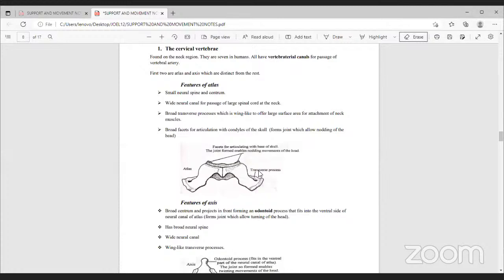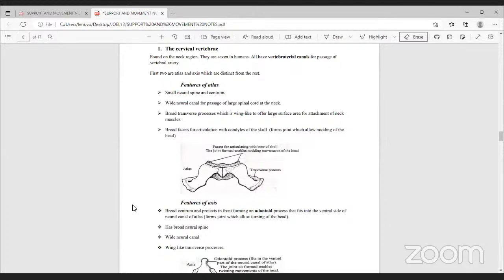You can see them here. You can see this one here. The general appearance of this bone looks like a ring, kind of. The one that looks like a ring, definitely you will be able to know that this one here is an atlas vertebra. One thing about them, they have a small neural spine and centrum.